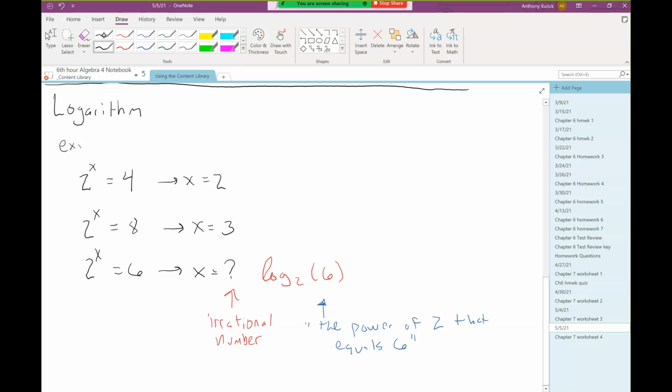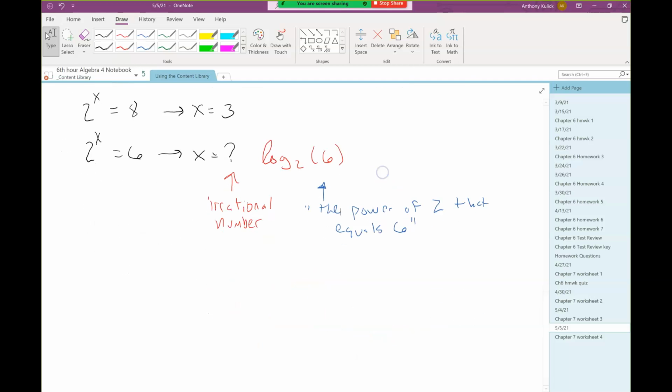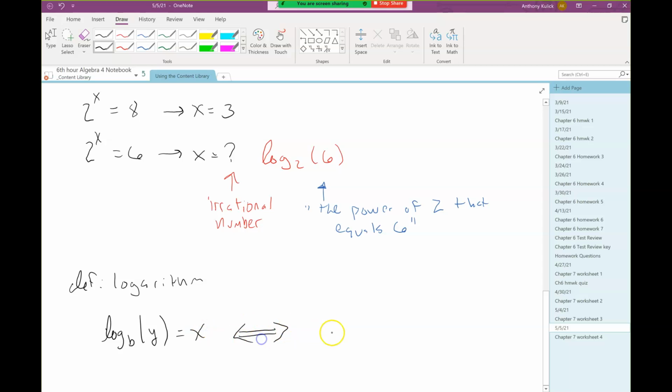So we talked about how to use the calculator to do one of these logs, right? This is what gives us our definition for a logarithm. It says that log base b of y is equal to some number x is the same thing as saying b to the x is equal to y.